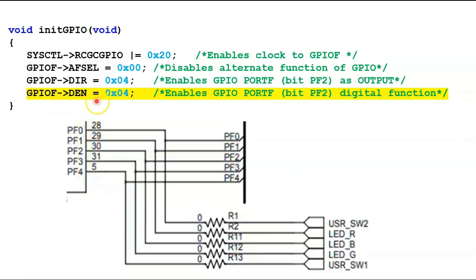This instruction basically will enable the GPIO port F, in particular PF2, which is this bit here, will enable the digital function of that bit.